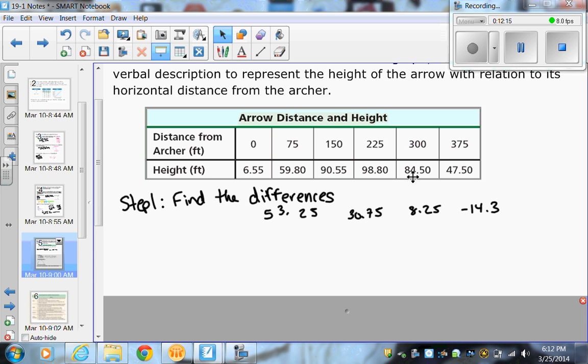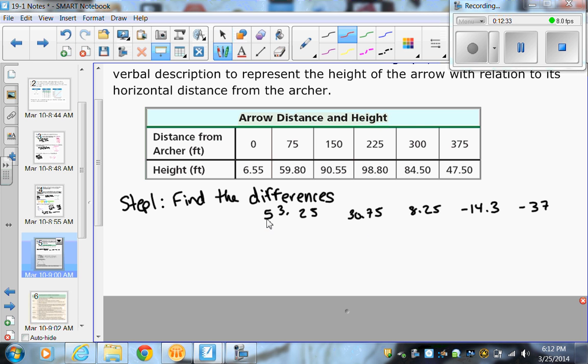And then 47.5 minus 84.5 gives me negative 37. So this is our first differences. Since our first differences are nowhere close to being a constant, this is not a linear function. So I'm going to find the second differences.